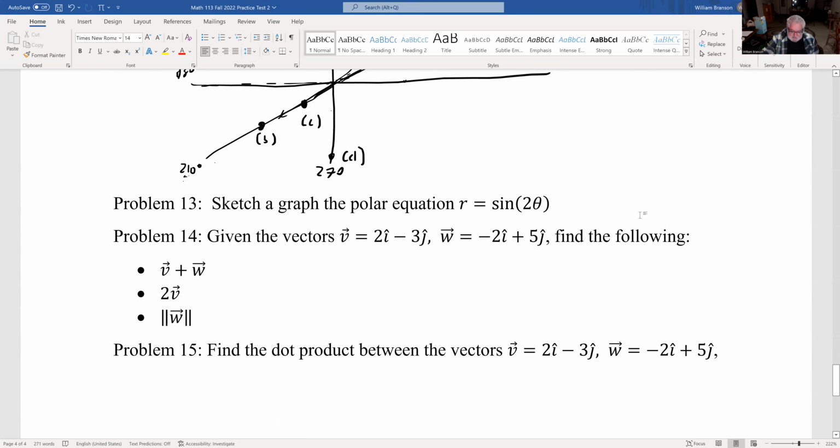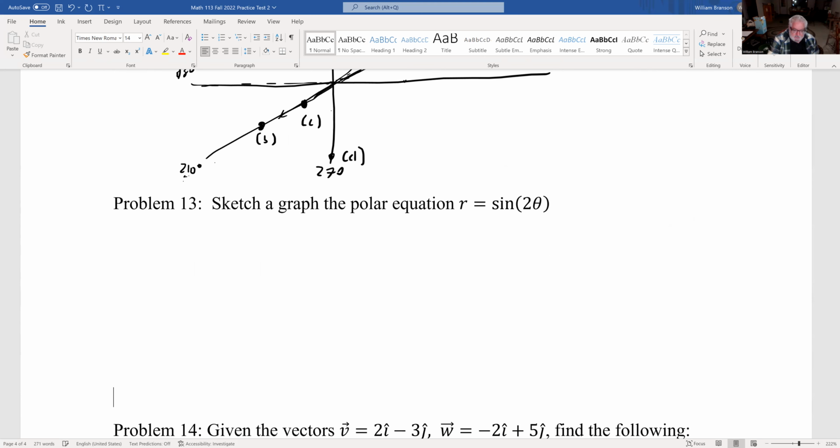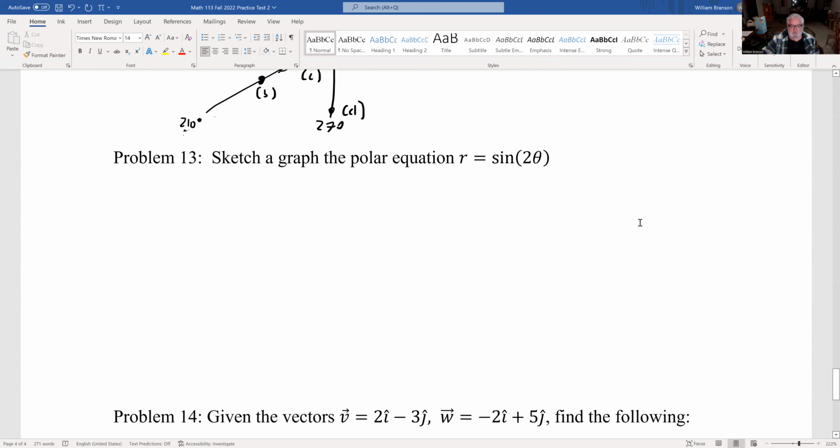So how do we sketch this graph? Well, we need to think a little bit about what sine does, right? And if we go back up to the question, we had to write down the sine values. We know that the angles we're putting into sine are 0, 30, 60.